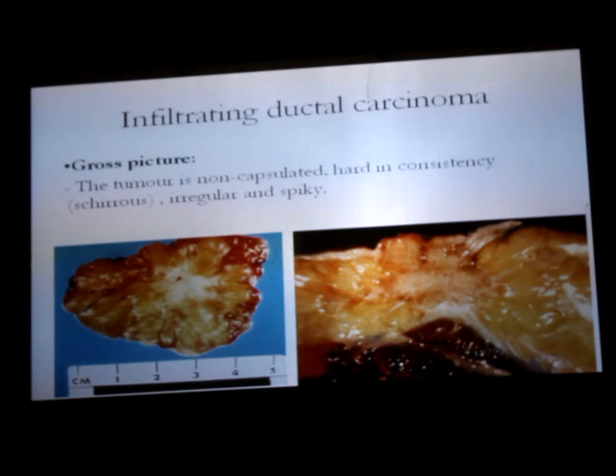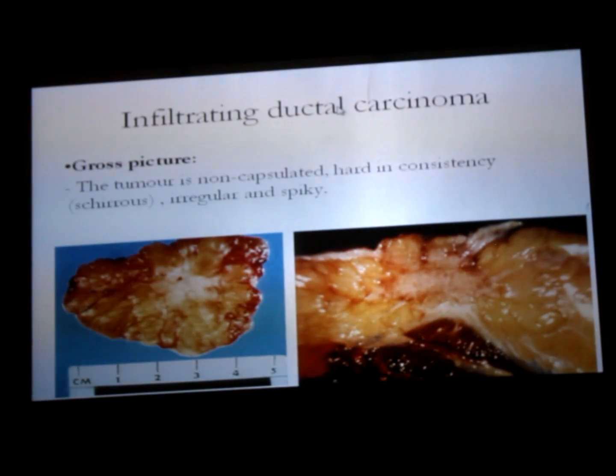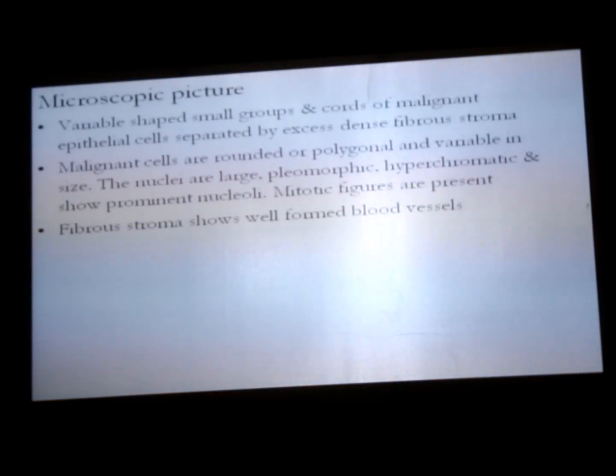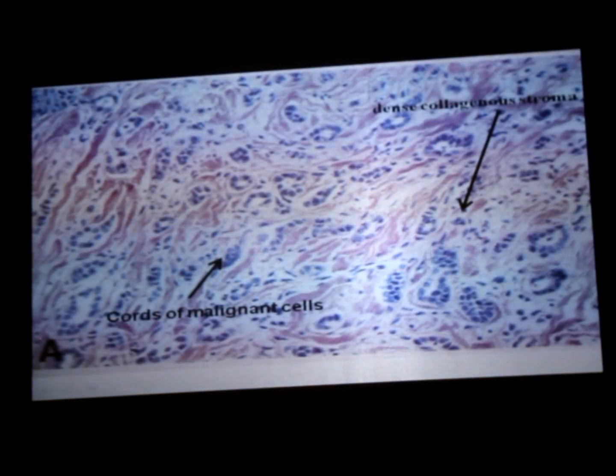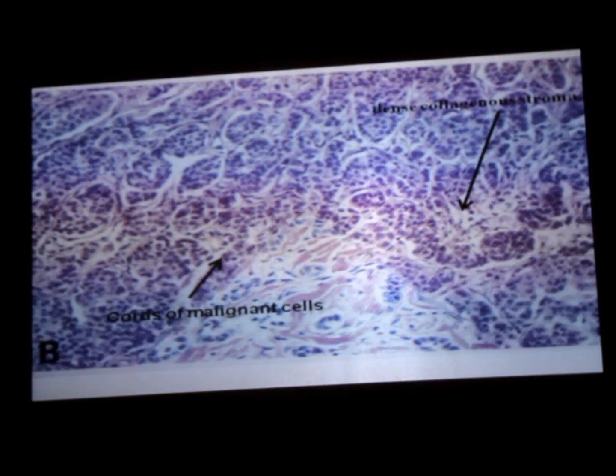Next is in the breast, you will see another common lesion which is a malignant tumor, and histologically it is known as invasive ductal carcinoma or infiltrating ductal carcinoma. Okay, it arises from the cells of ducts. In this you find tumor cells, malignant cells in the form of cords, sheets, strands, all infiltrating the breast tissue.